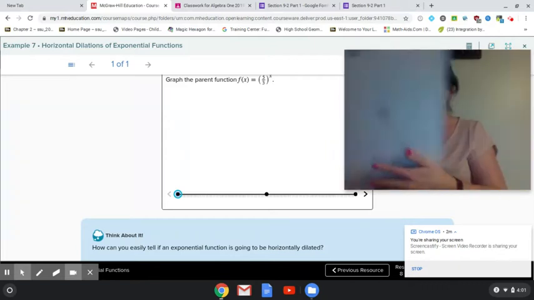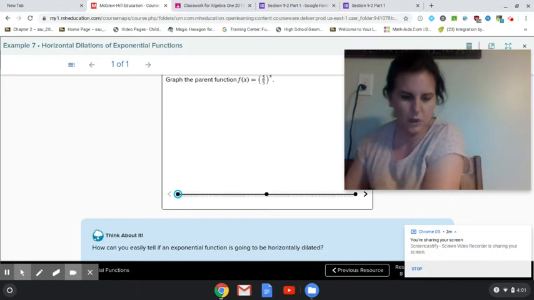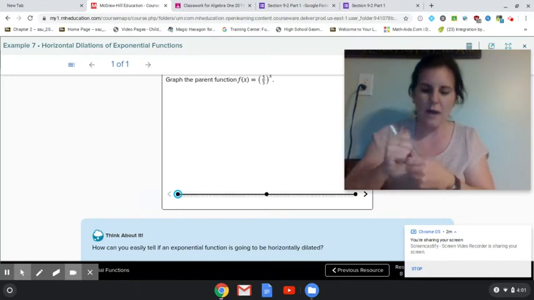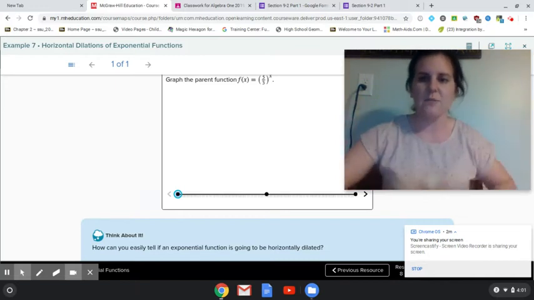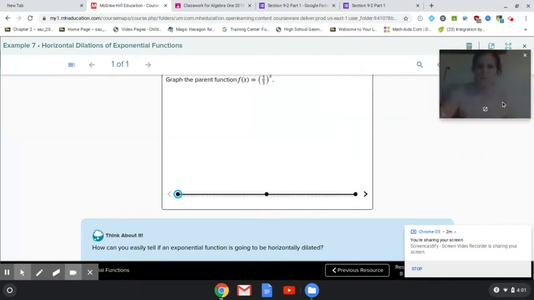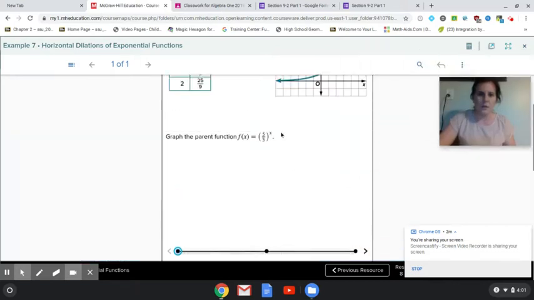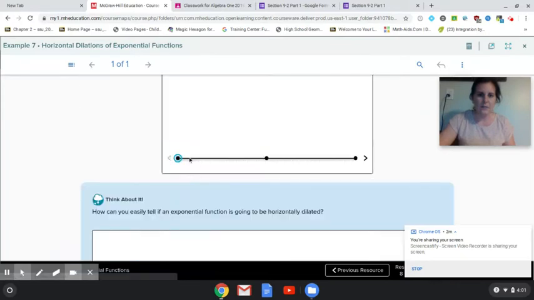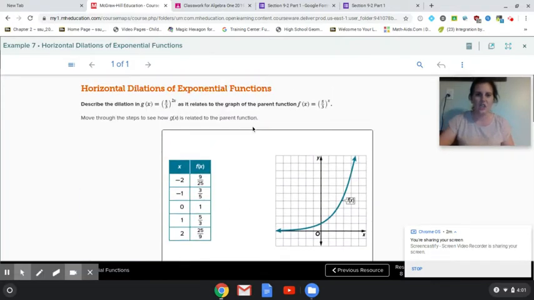So we're going to look at example 7 in your workbooks, and it's talking about horizontal dilations of exponential functions. So if I am looking at the function 5/3 raised to the 2x and comparing that to the parent function 5/3 raised to the x, we're not really paying attention to the 5/3.